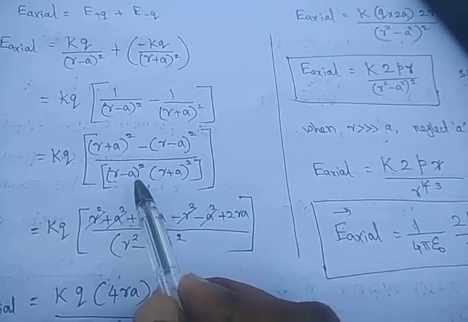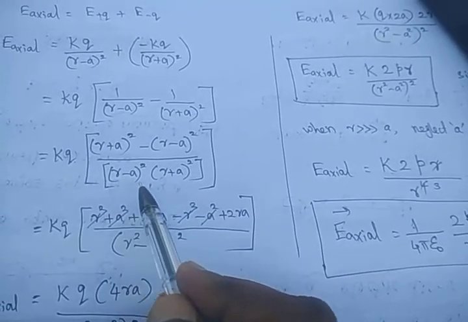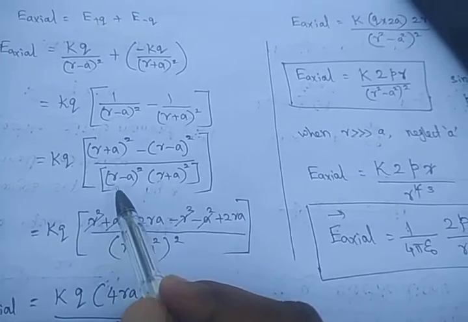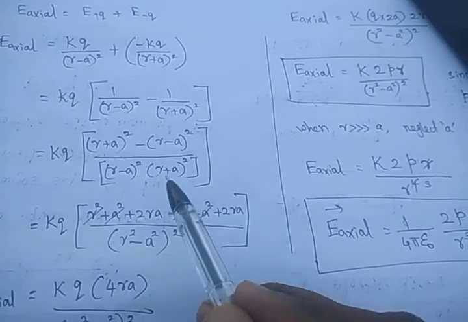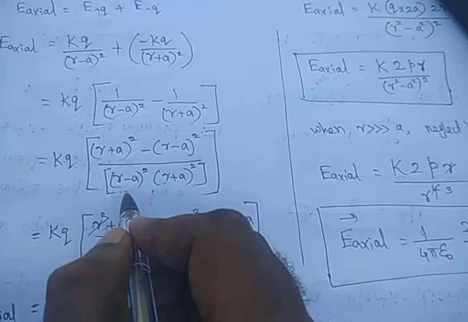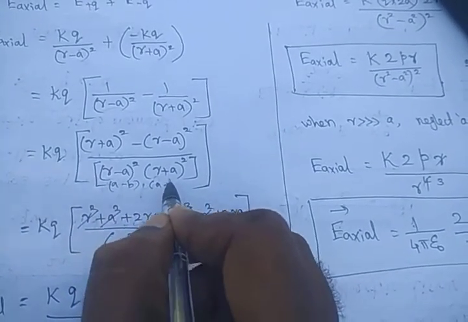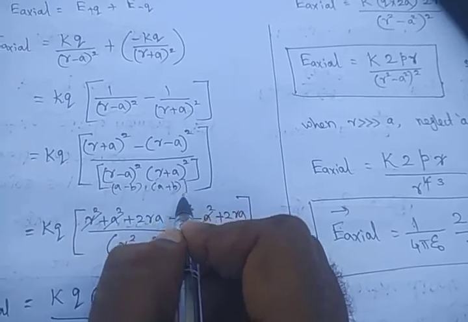That is (r minus a) into (r plus a) the whole squared. So this is the a minus b into a plus b formula. What is the a minus b into a plus b formula? That is a squared minus b squared, the whole square. So I will write this is a minus b, this is a plus b, so we have to put the whole square.